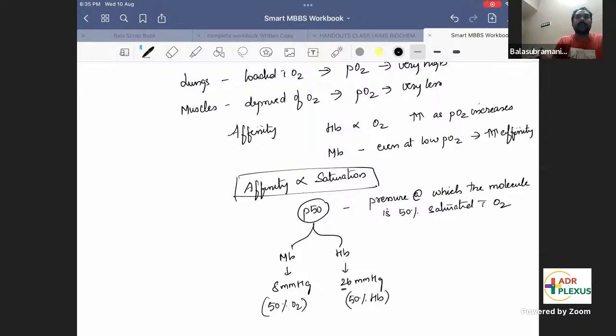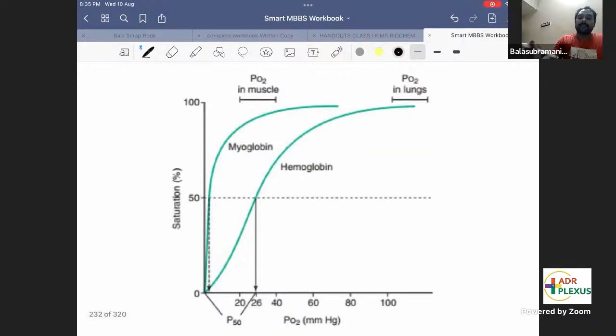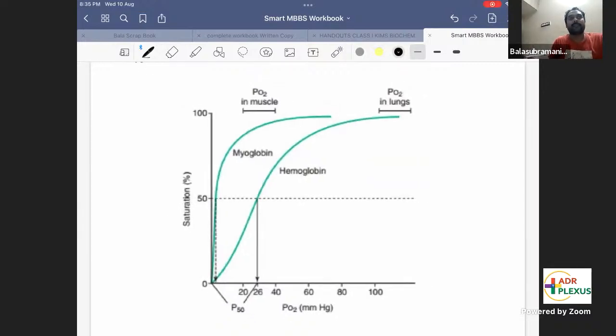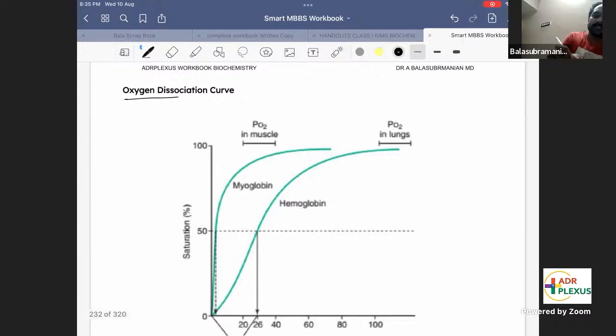So this leads to a discussion on the graphical representation of the picking up of oxygen by myoglobin and hemoglobin. This curve is called the ODC, or oxygen dissociation curve. The characteristics exhibited by myoglobin and hemoglobin put the curves in two categories.